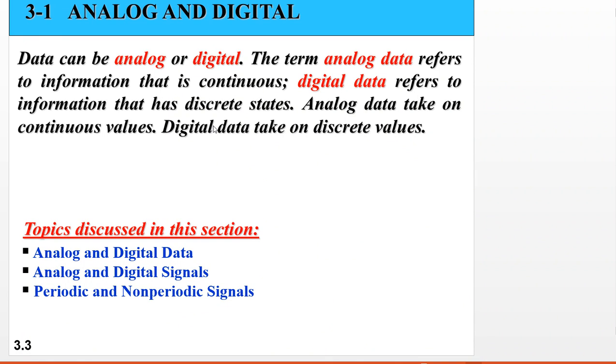If I give an example for analog data, if the human is speaking right now, I am speaking, my sound waves are coming, this is continuous data, so this is known as analog data. To make differences between analog and digital data, let me take an example of a clock. If you see the analog clock, it has three hands: minute, hour, and second.